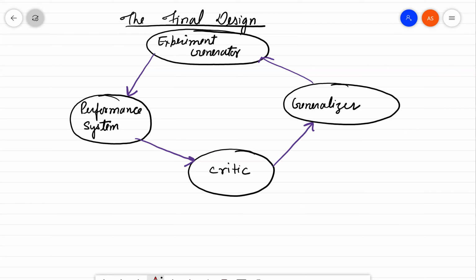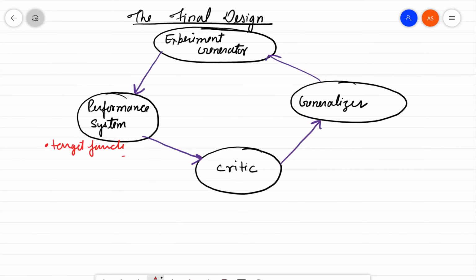In the checkers playing problem or program, the task is to choose the next best possible move from the current board state. So for this, we have selected the target function. In the previous examples, we have discussed all these terms in detail.